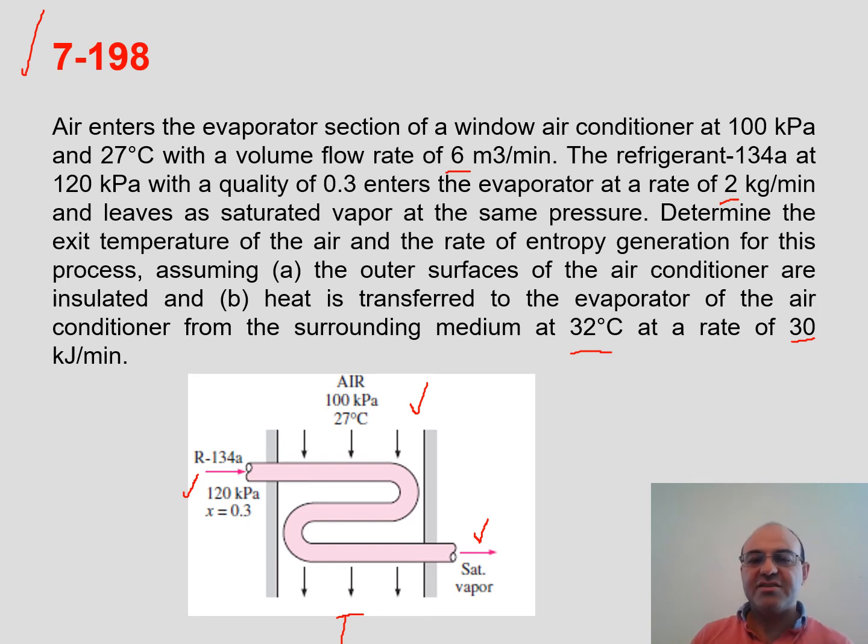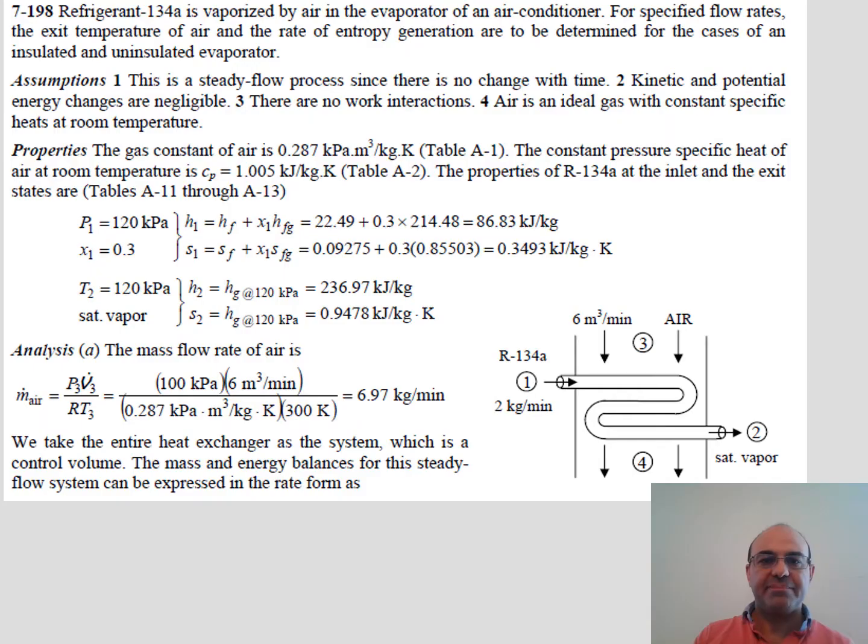Assumption B is that some heat is actually given to the air conditioner, for instance, solar irradiation. Let's name this: for the refrigerant, we call the inlet and outlet points 1 and 2, and for air the inlet is 3 and the outlet is 4.